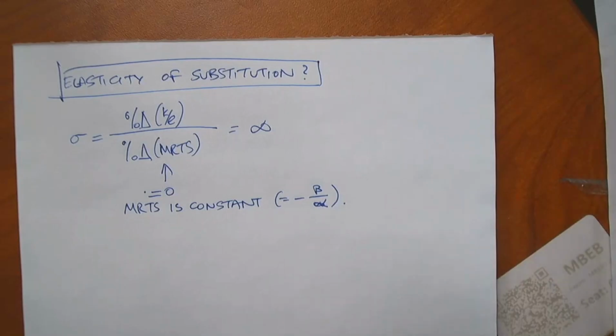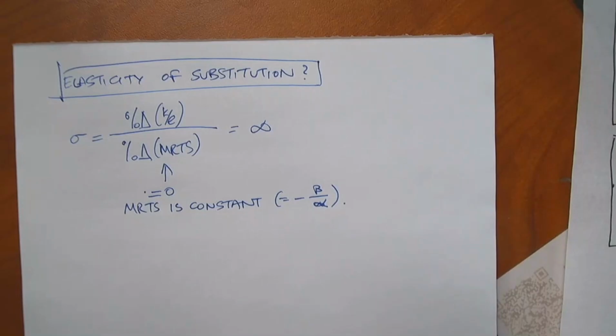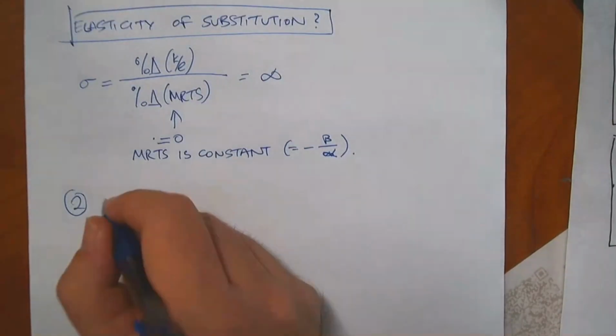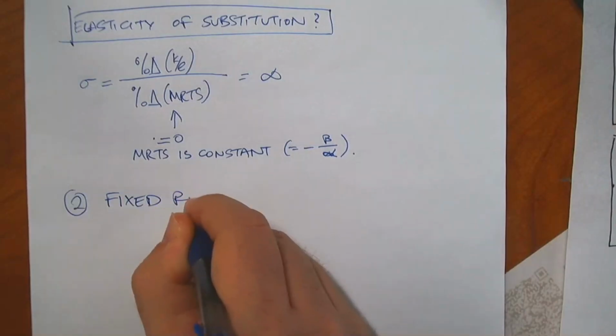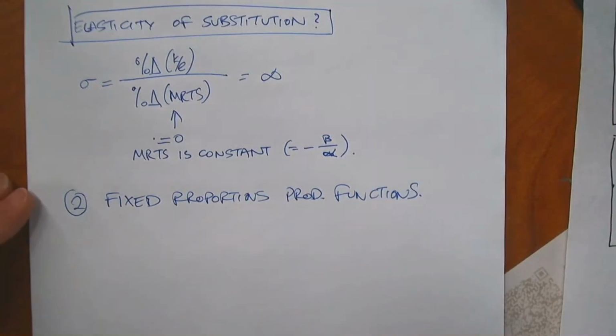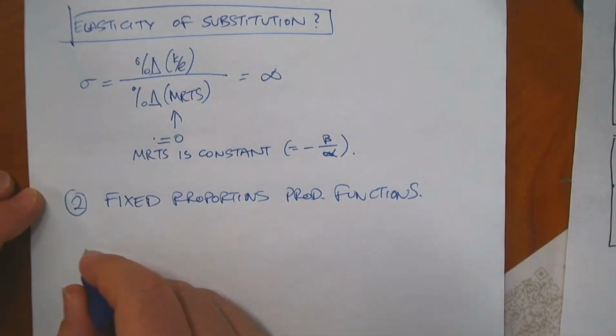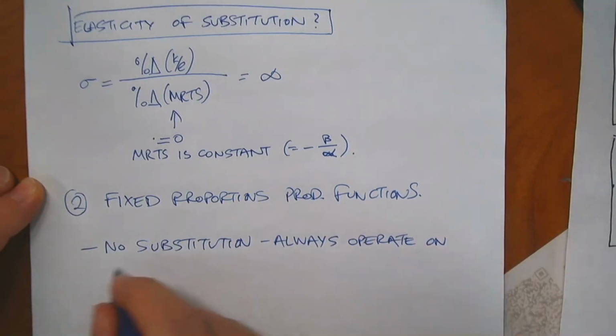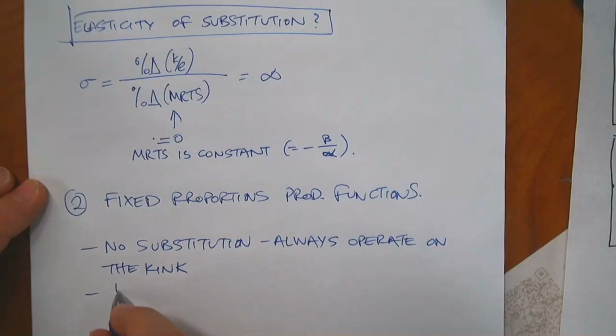Okay, another example we can look at is the fixed proportions production function. In this particular example, there is no substitution. You always operate on the kink, and the capital to labor ratio is constant.